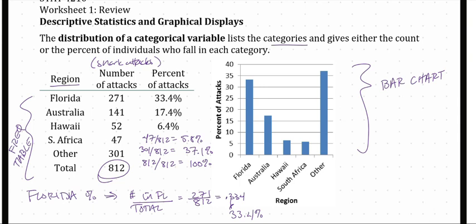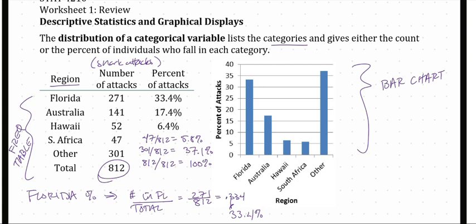In a pie chart, seeing that Florida is roughly twice as many as Australia is not as easy to discern. Similarly, we can see that Hawaii and South Africa have about the same amount of attacks proportionally as each other. And about maybe a third as many attacks as Australia.